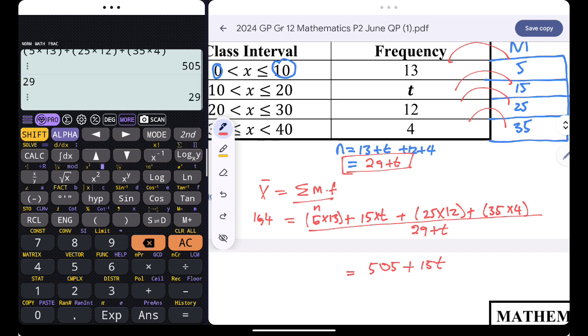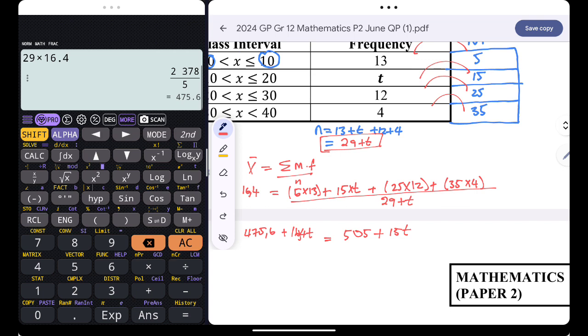29 multiplied by 16.4 will simply give me 475.6 plus 16.4t. Yeah, now this makes sense, because initially we were going to get a negative answer. Okay, now let's work. I'll simply have 475.6 minus 505 is equal to 15t minus 16.4t.